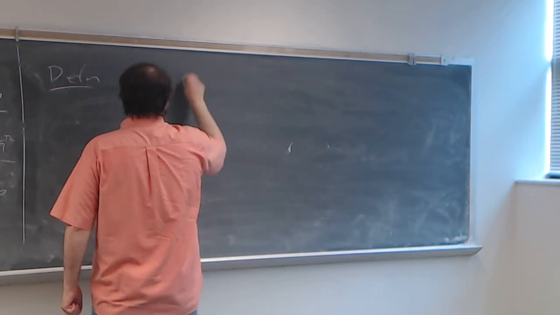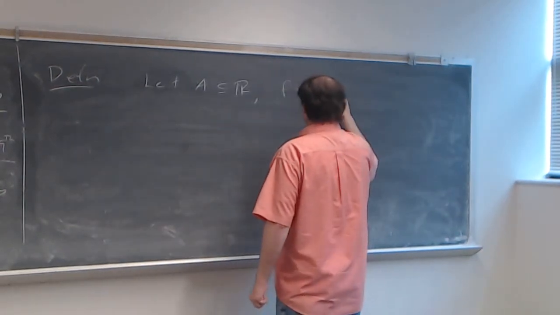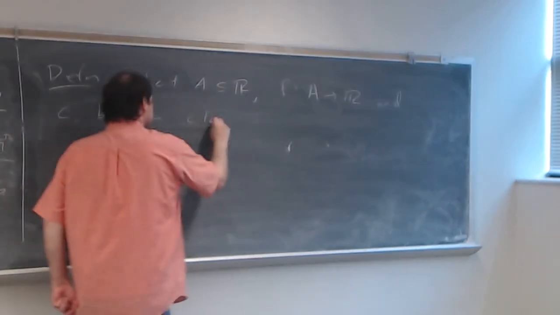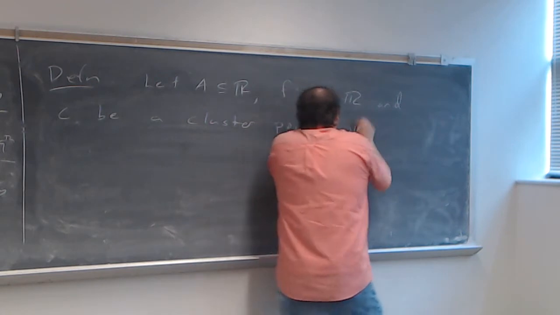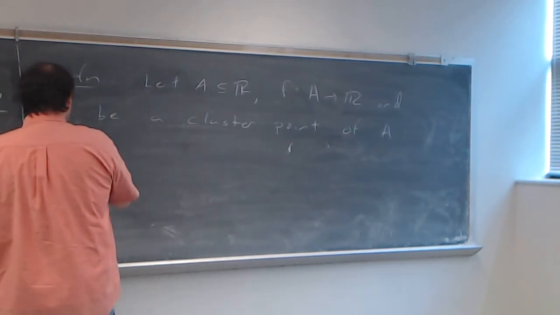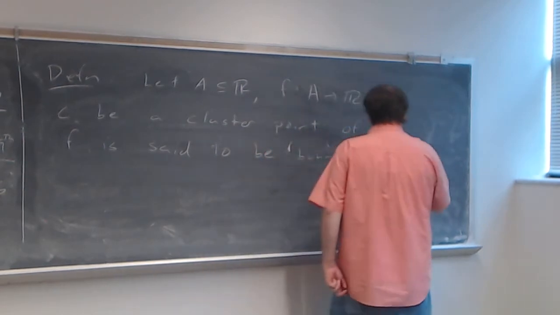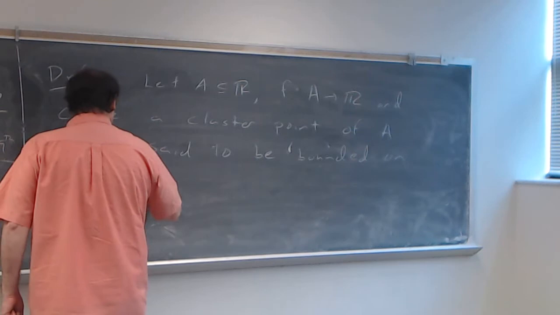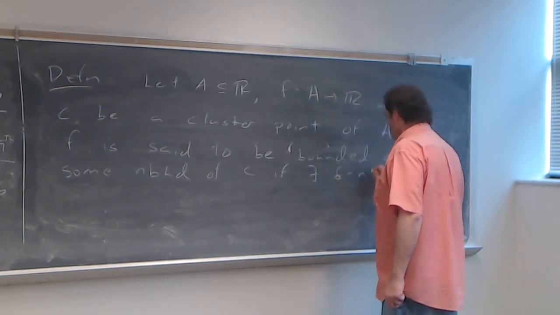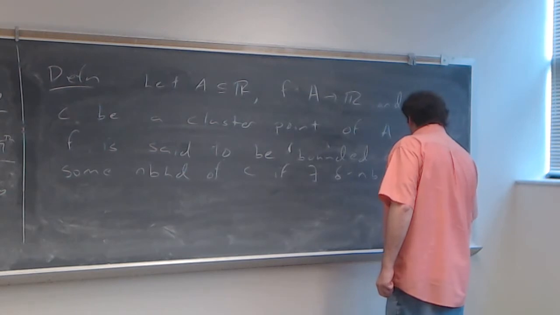Definition. So a function, let A be a subset of R, f goes from A to R, and c be a cluster point of A. Then f is said to be bounded on some neighborhood of c if there exists a delta neighborhood B sub delta of c.